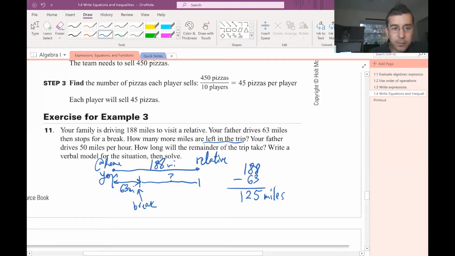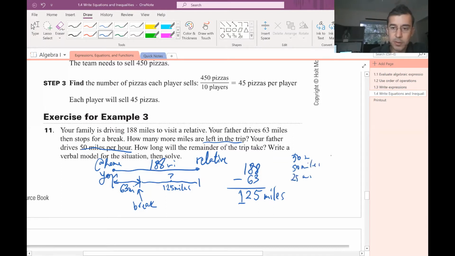Your father drives 50 miles per hour. How long will the remainder of the trip take? Write a verbal model for the situation, then solve. So this is 125 miles left to drive, and he's driving 50 miles per hour. So 50 miles, and then another 50 miles, and then 25 miles, right?